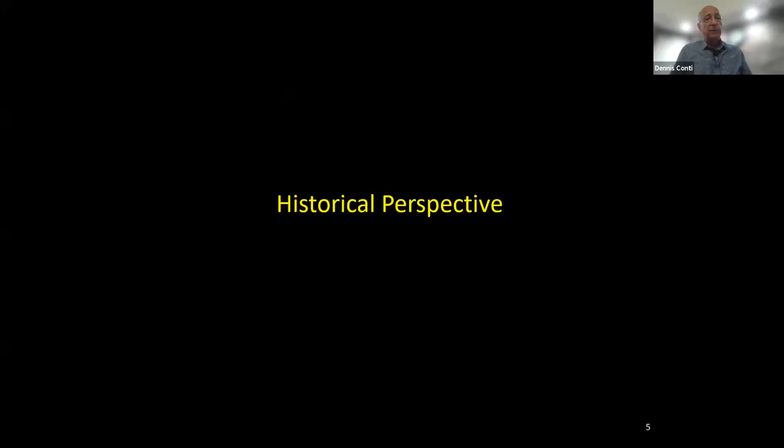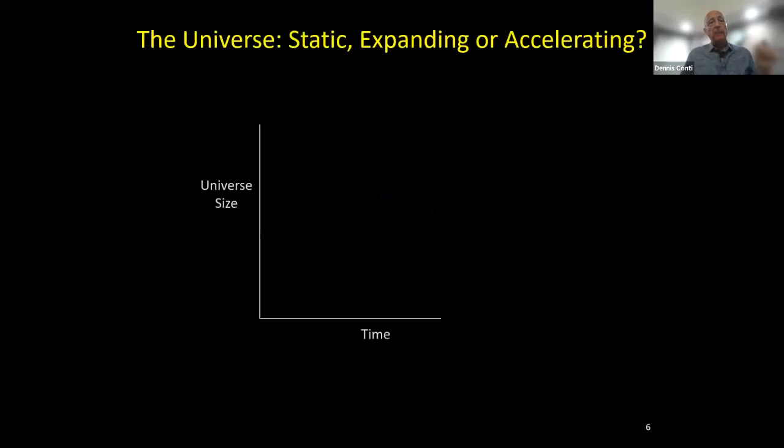Okay, so let's talk about historical perspective. The first thing I just want to point out is there have been three evolving theories about the size of the universe. The initial theory was that the size was static. The universe was there at the beginning, all the way to the end. Nothing has changed in terms of size. Folks then realized that the universe was really expanding.